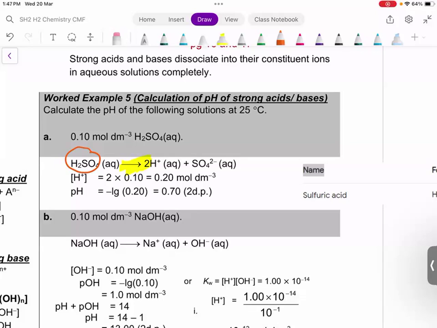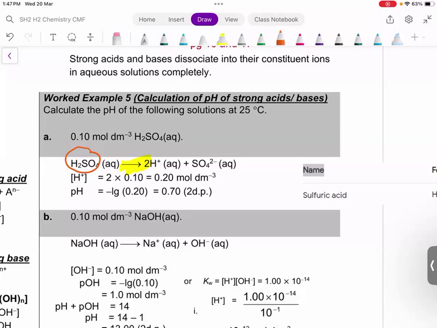But for strong acid, please take note, the difference in the Ka values is rather small. Therefore, we assume that it will release 2 H plus per mole of the strong acid. But if it's a weak polybasic acid, then there is a significant difference in the Ka values, so for a weak polybasic acid, we only consider Ka1 in our calculation of pH. So that is the second difference.